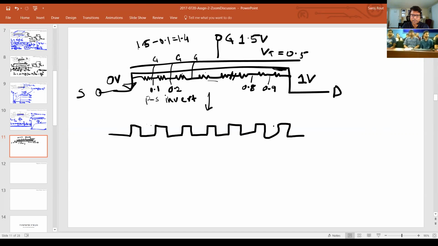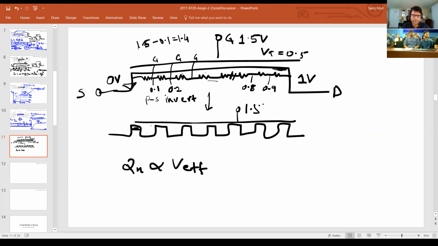like that, right? And I showed before that Qn is actually proportional to V effective, right? So if all this gate has the same voltage, 1.5, this is 0, this is 1 volt, right? So the effective voltage for this tiny transistor is what? 1.5 minus 0.5, which is 1 volt, right? So Qn is proportional to 1 volt for the first transistor.